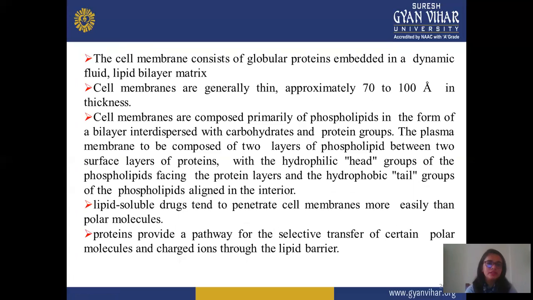The cell membrane consists of globular proteins embedded in a fluid lipid bilayer matrix, and cell membranes are generally thin, approximately 70 to 100 angstroms in thickness.